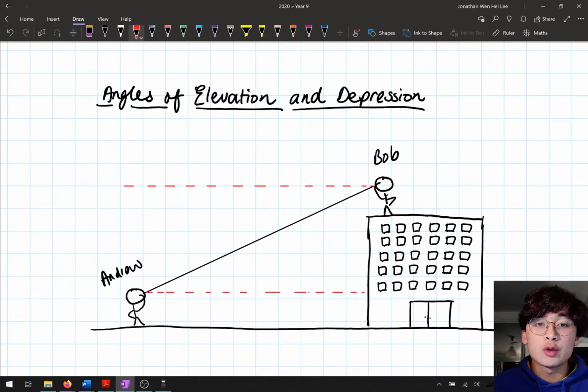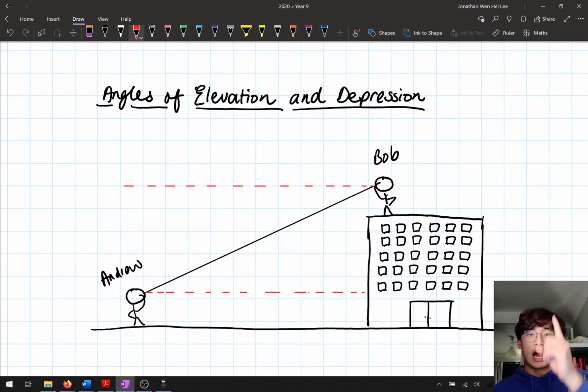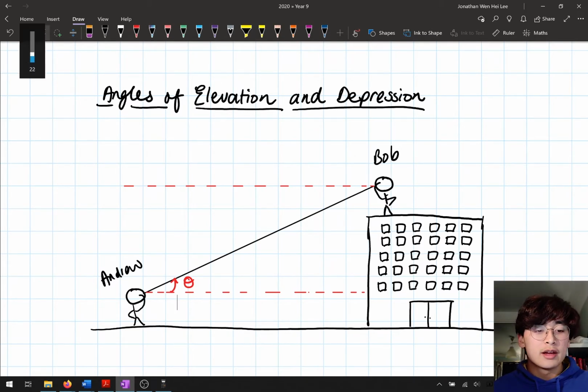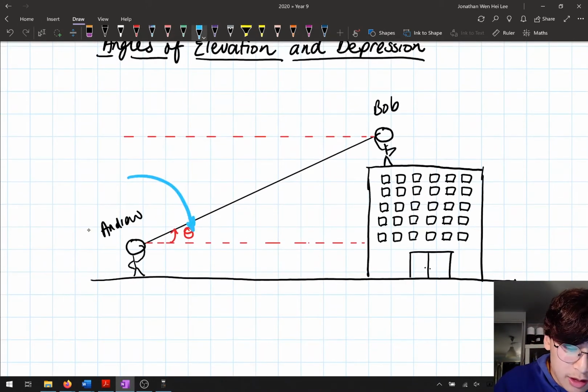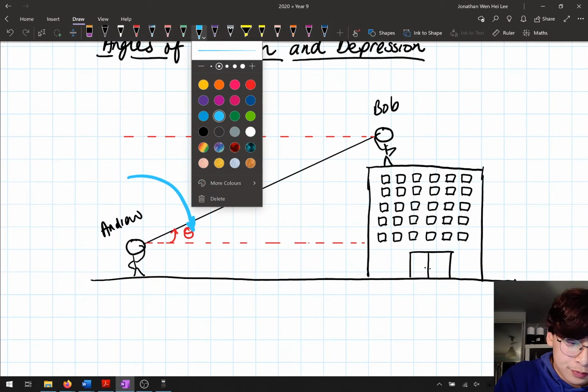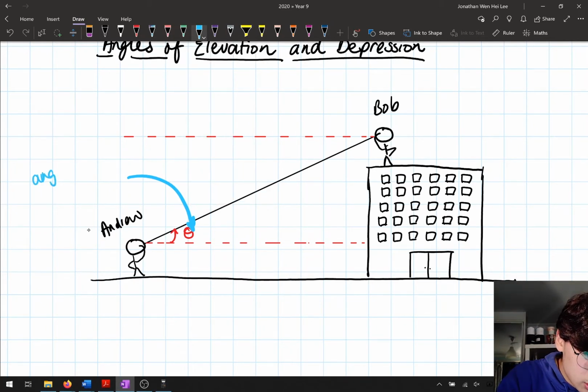Now, when Andrew is looking, he's looking up at Bob. So we call this angle going up from the horizontal theta, and this angle over here is called an angle of elevation. So here I'm going to label this one. This is called an angle of elevation.